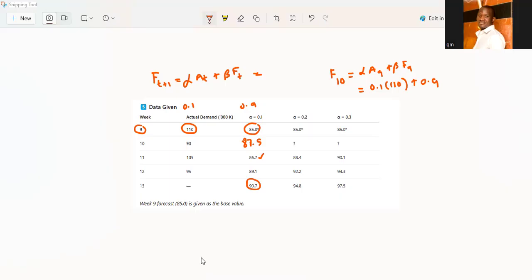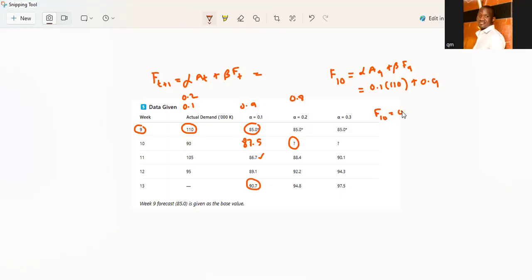So let's do the forecast for alpha 0.2. Can somebody tell me how we find the missing forecast in here? Under 0.2, you put the 0.2 here. And what will be here? The remainder, which is 0.8. So what is the forecast for period 10?